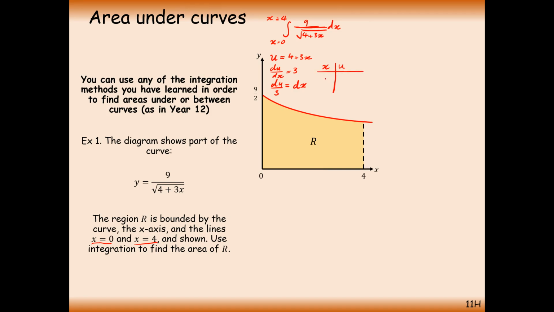X is going to be either 0 or 4, and u is going to be 3x plus 4. So when x is 0, we will have a 4 for u, and when x is 4, we will have 16. Therefore, this integral can be written as 4 to 16 as the limits on the integral.